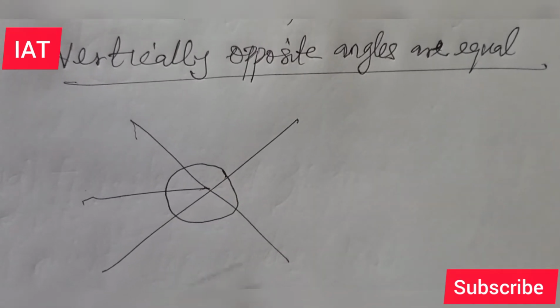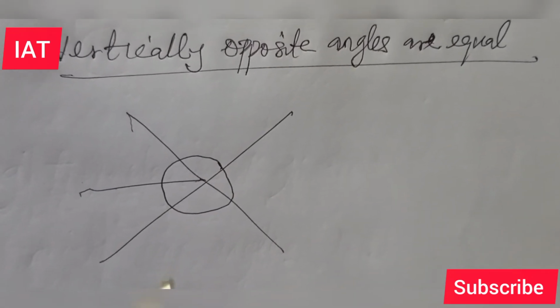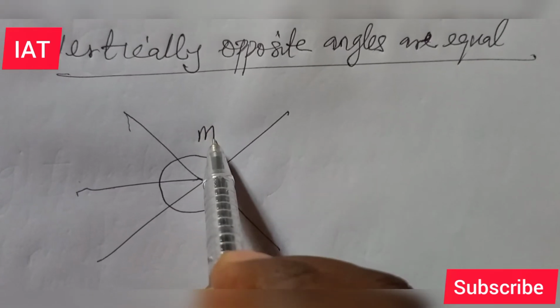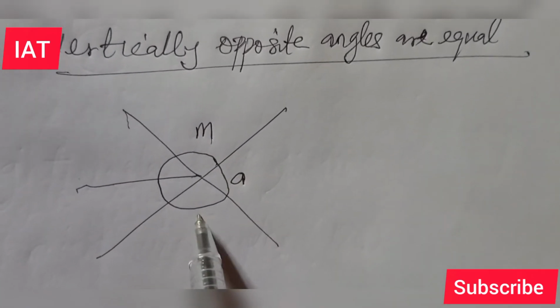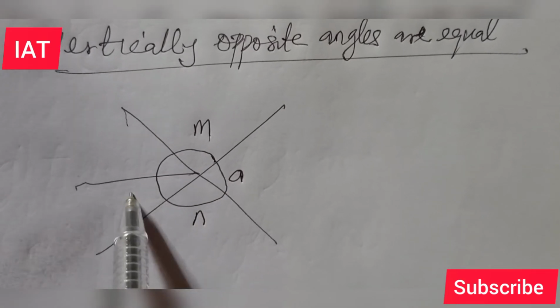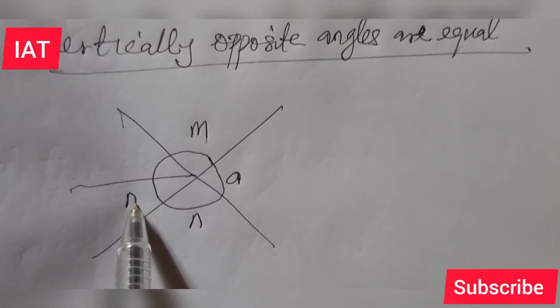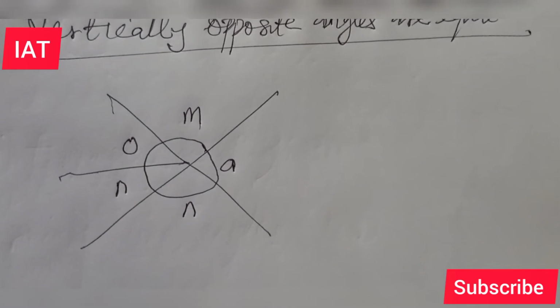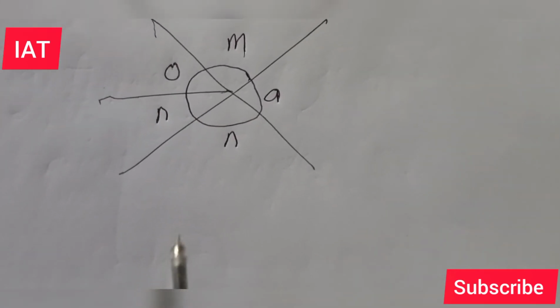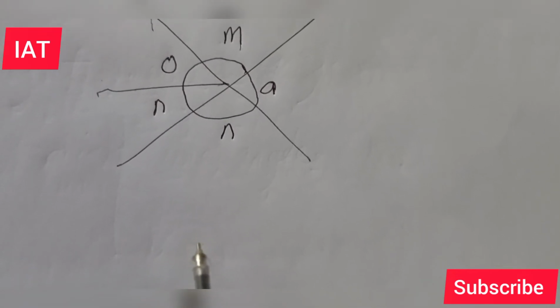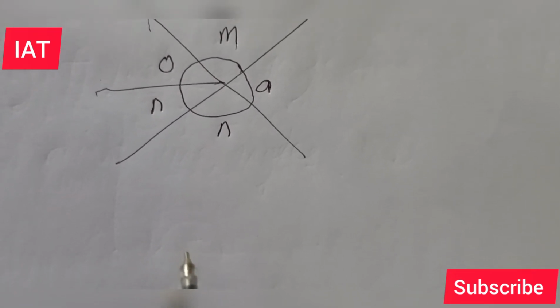All right, so we can indicate this as point M. Let me just call this point A and call this point N, and this point, I can still make use of the same. It's not a problem.